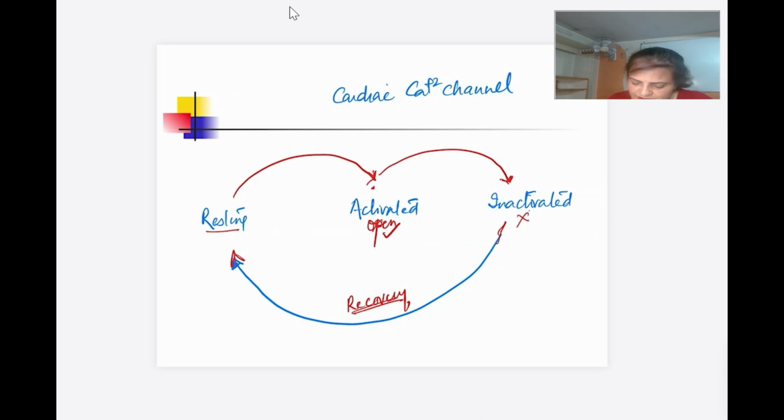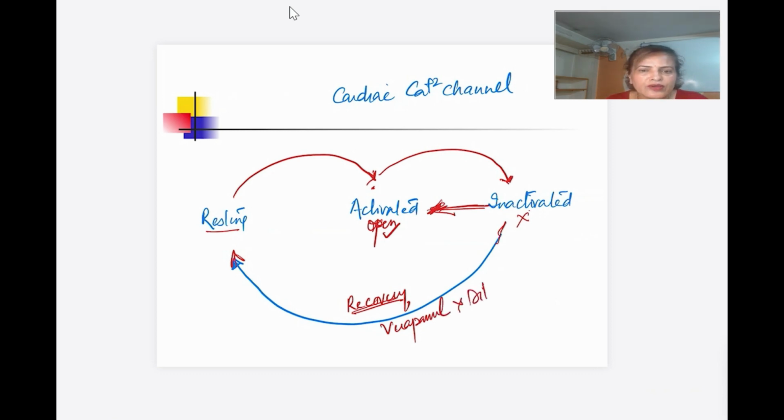So this movement is not like this, that is what I want to make clear. The channel is in a resting phase, activated phase, and inactivated phase. From the inactivated, it will never come directly to this. It has to recover.